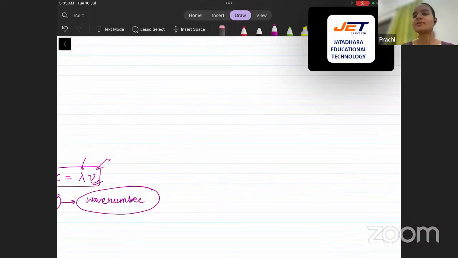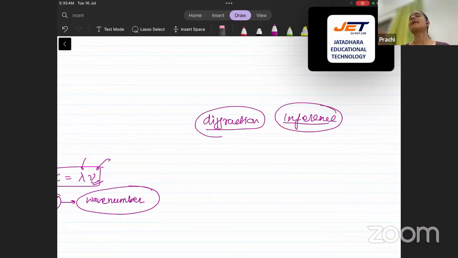There were many things which they were not able to explain when they were taking light as a wave. Yes, of course, there were certain phenomena which can be explained by taking light as a wave. So yes, we can explain the diffraction and the interference of light by taking it as a wave. But there were many things which scientists were not able to explain if they were taking light as a wave.